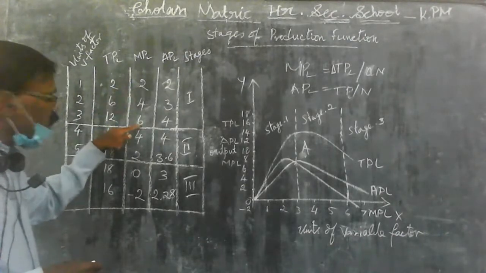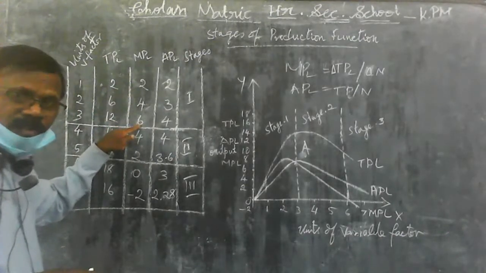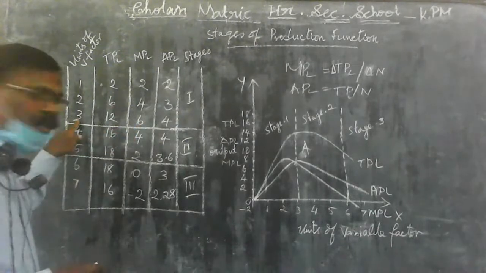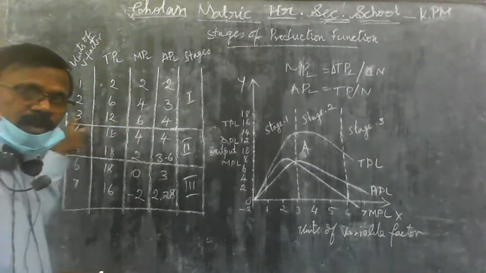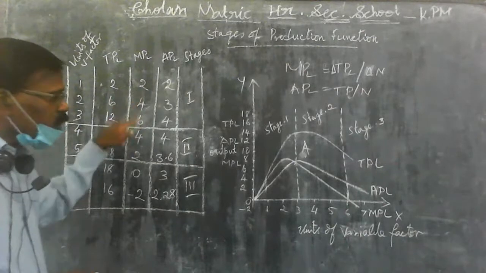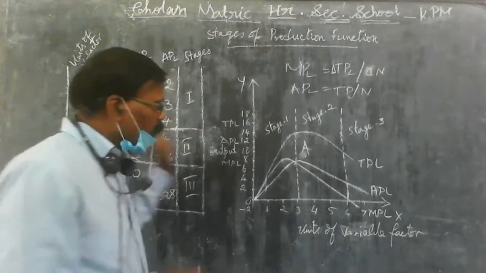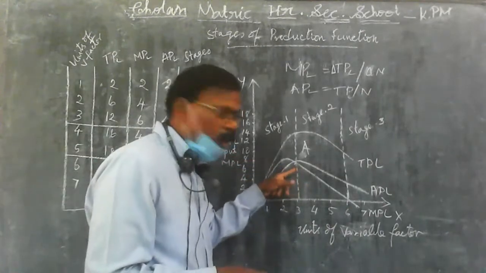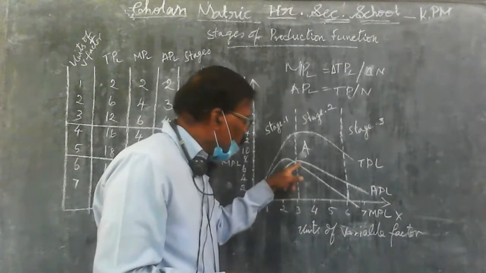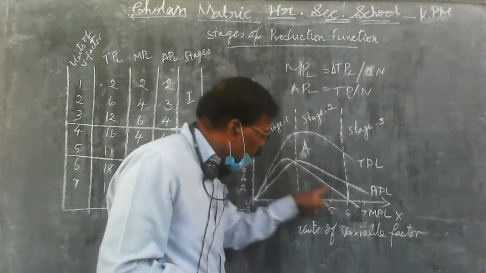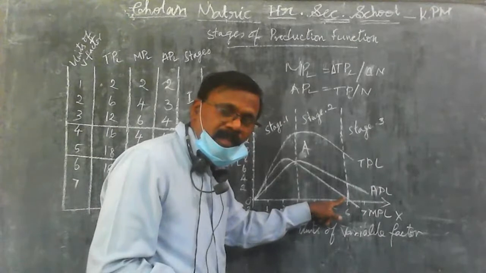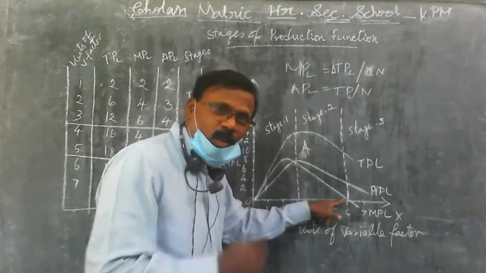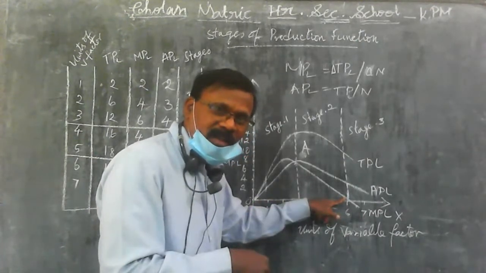Marginal product increases up to 6, that is at the third unit of labor. Now after this, you see what happens here? Marginal product starts declining. Now here, which is higher and which is lower?